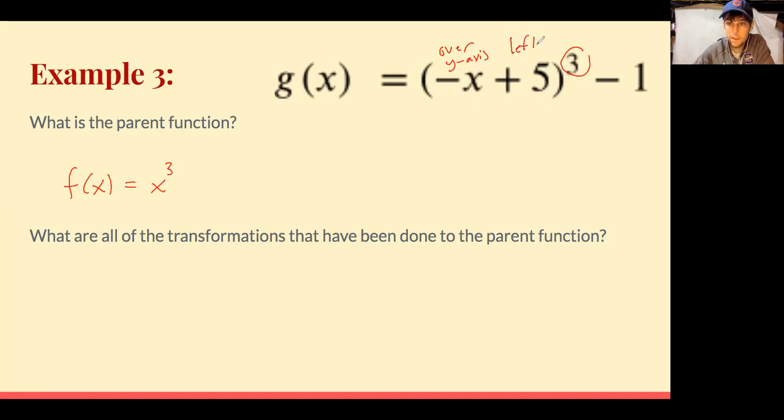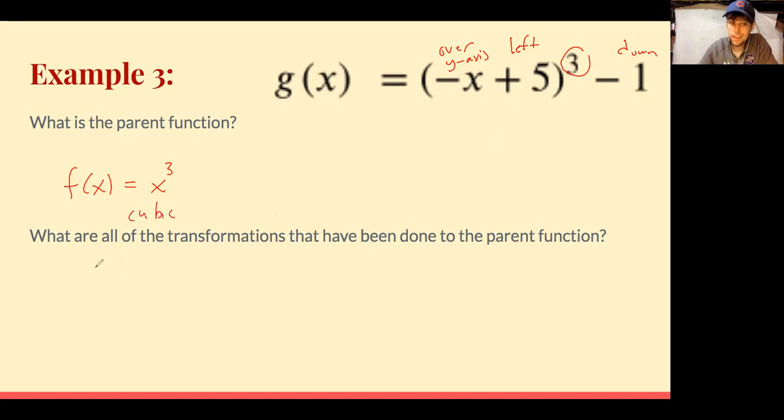Remember, the movement on the inside is a bit counterintuitive, and this will be down. But really, what's happening between these two is the tricky thing, because reflecting horizontally and moving horizontally, the order that these two things happen is very important. Right now, we're just going to identify what all the transformations are happening, so to our basic cubic function.